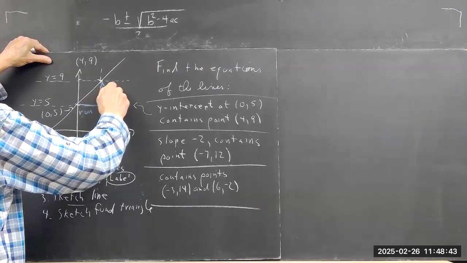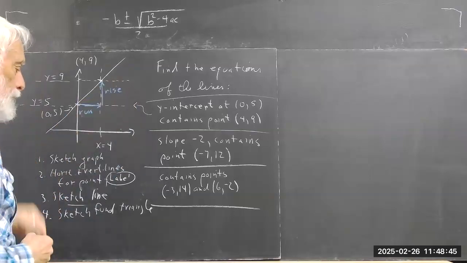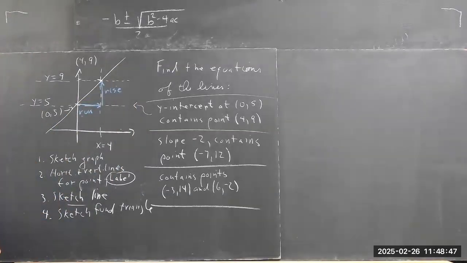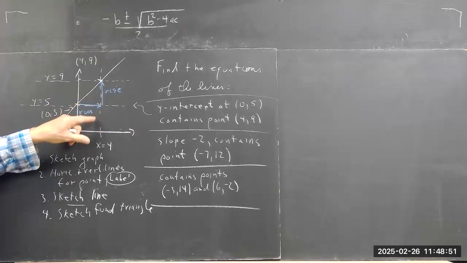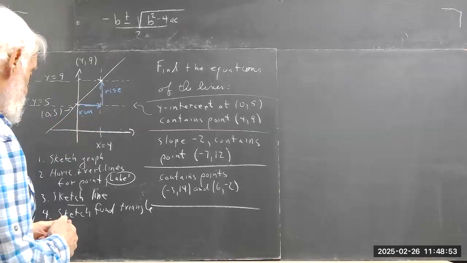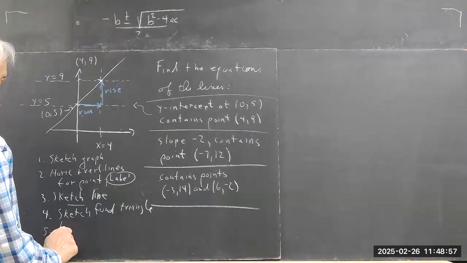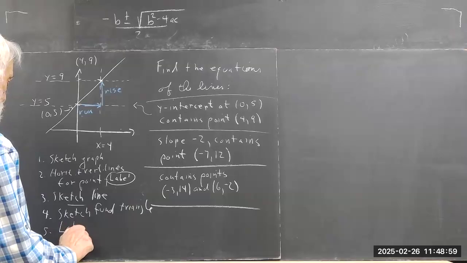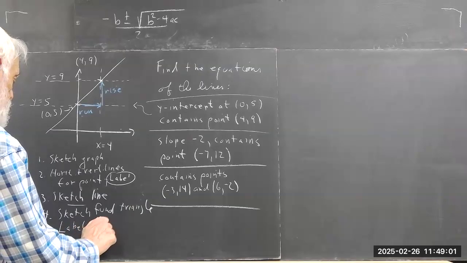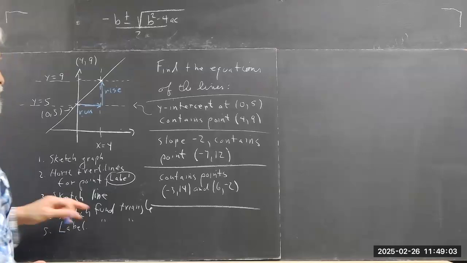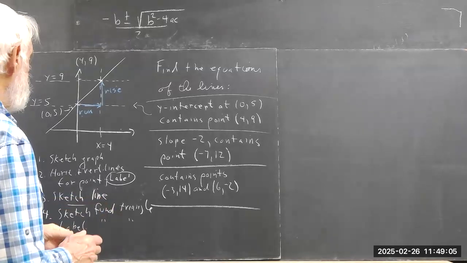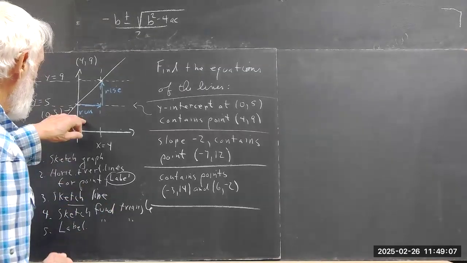This is the run. This is the rise. Okay. So we have a rise and a run. What I'm doing here, I'm going to label fundamental triangle. Okay. I label the run.